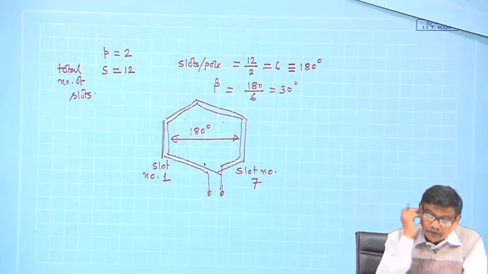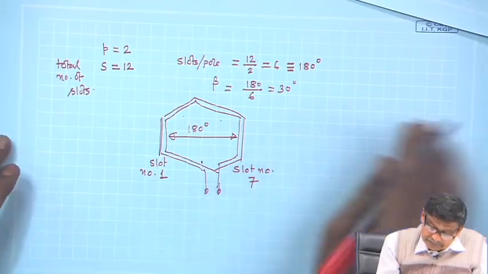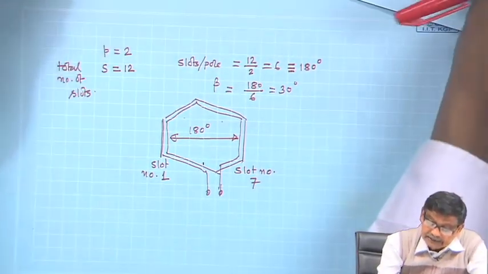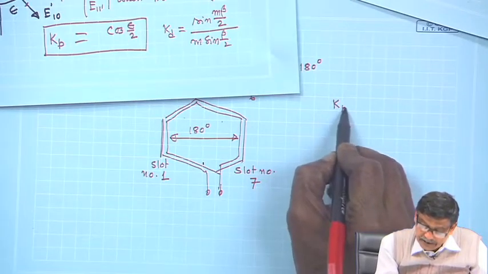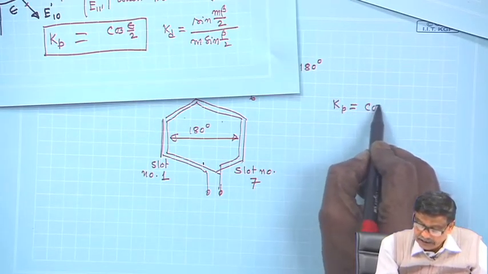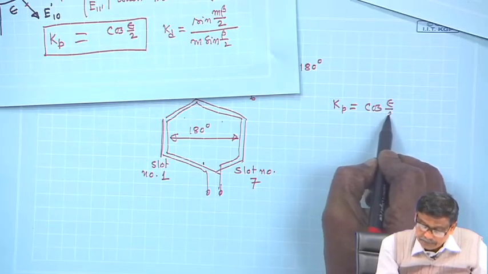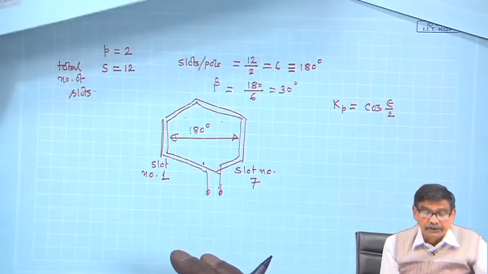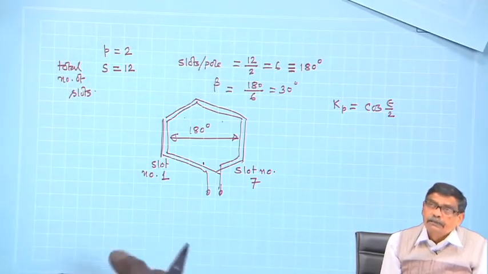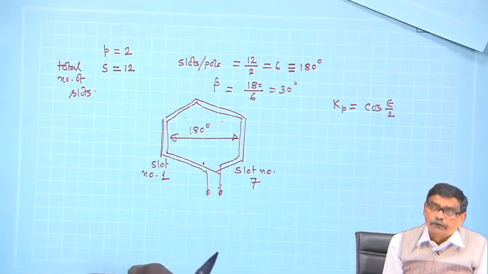Acha, I know that this is the Kp. I have calculated cosine epsilon by 2, and as I am now telling you that the B distribution will have a fundamental, third, fifth harmonic.